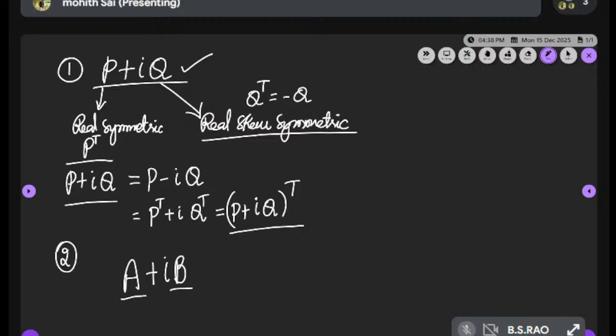Write it: any square matrix can be expressed as A plus iB.